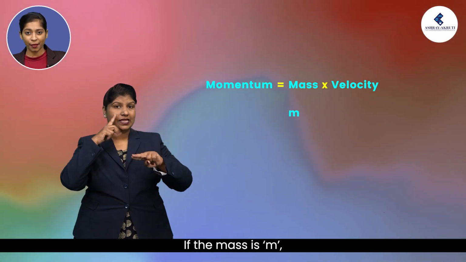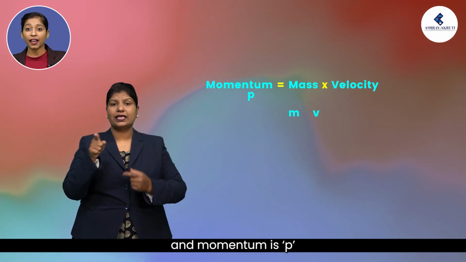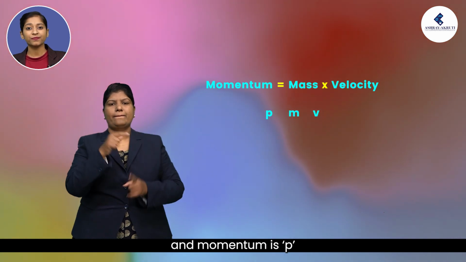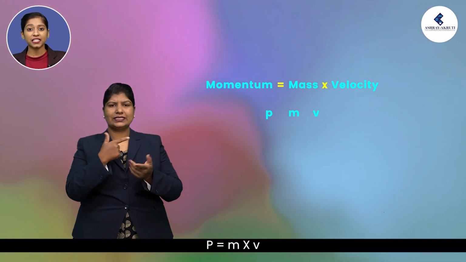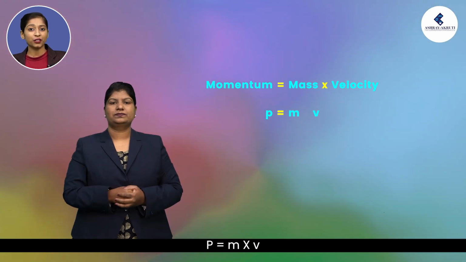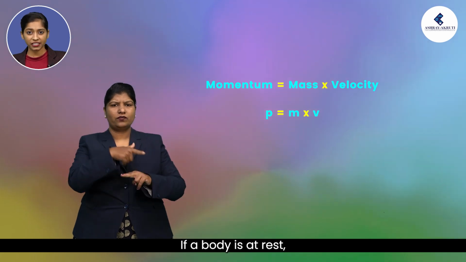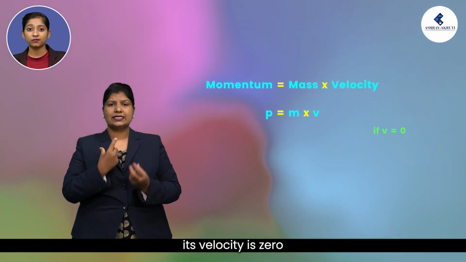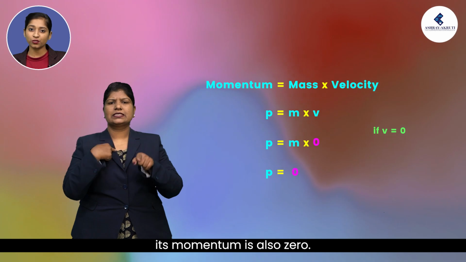If the mass is m, velocity is v, and momentum is p, momentum is given by p is equal to m into v. If a body is at rest, its velocity is 0, and hence its momentum is also 0.